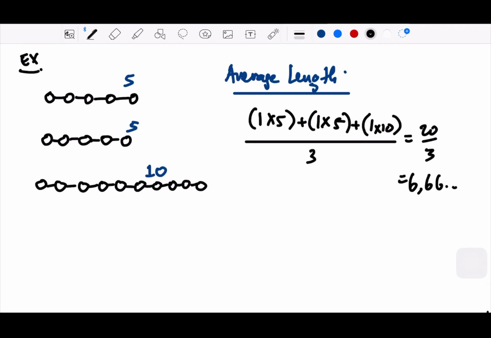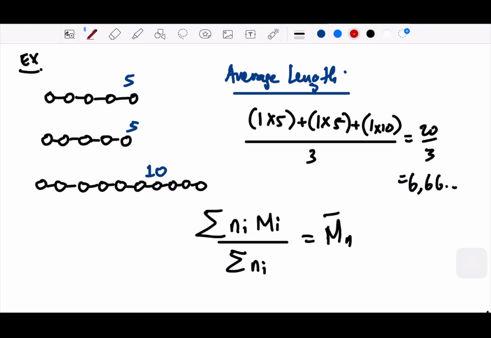So what we have done here is just the fractions. We add the fractions and multiply with the molar mass. This is what we call the number average. For example, if the 10 has 2, we need to multiply by 2.